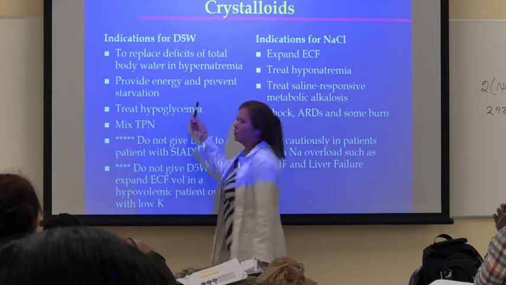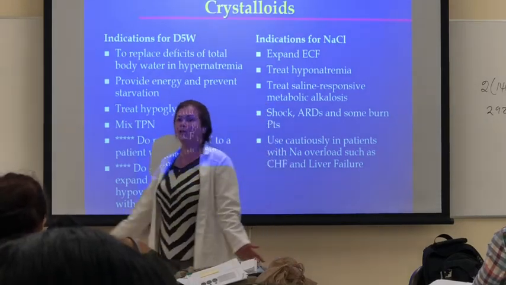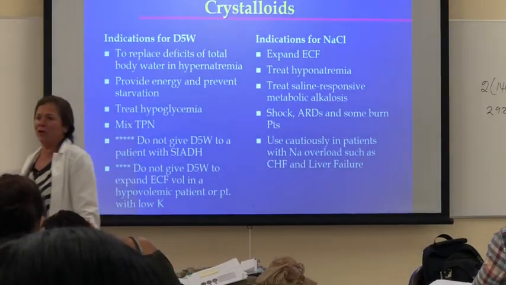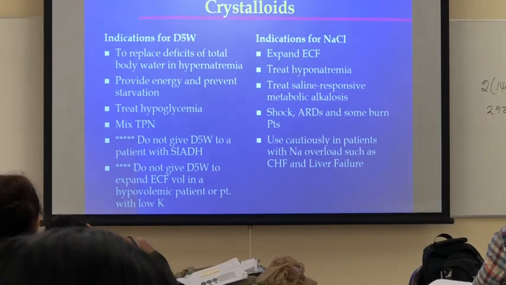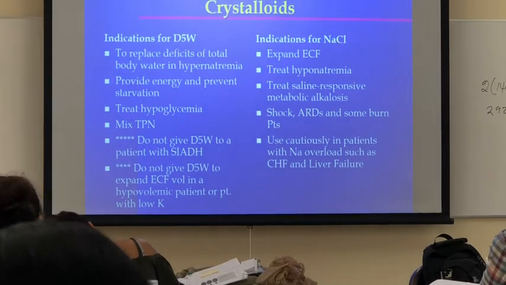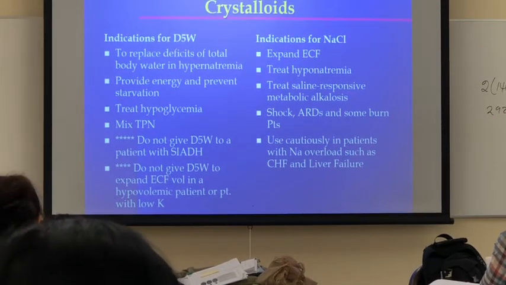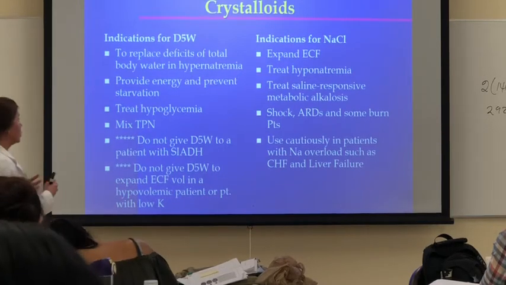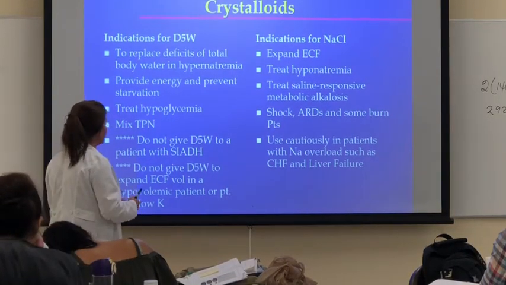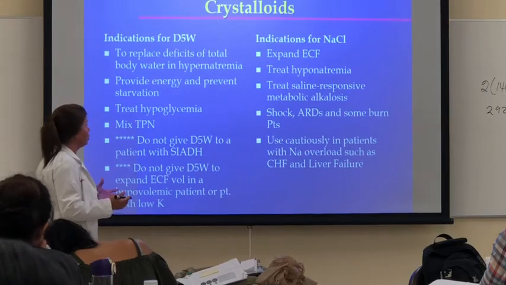Now, in addition, when do you also give D5W, guys? You have a patient who is NPO, if you have no plan to start feeding, you have to give glucose as some source, because that's our main source of nutrition, right?